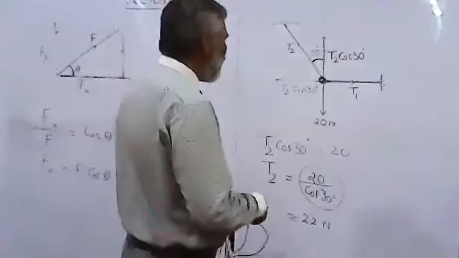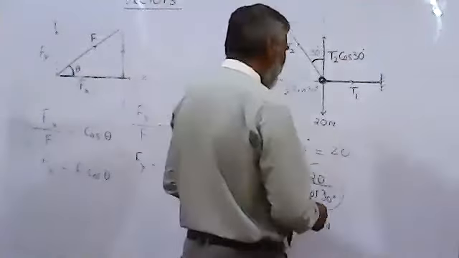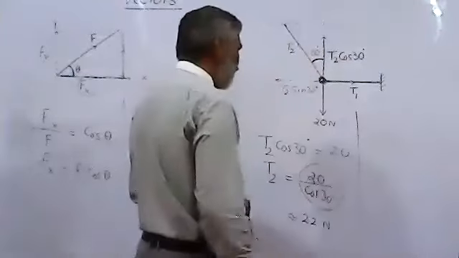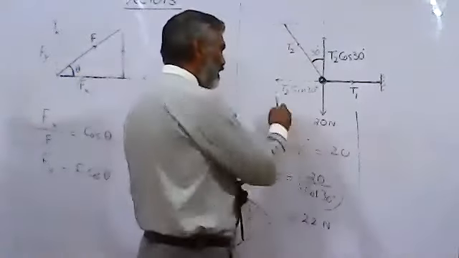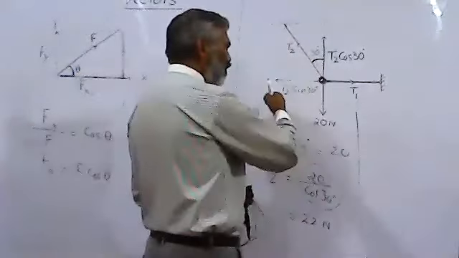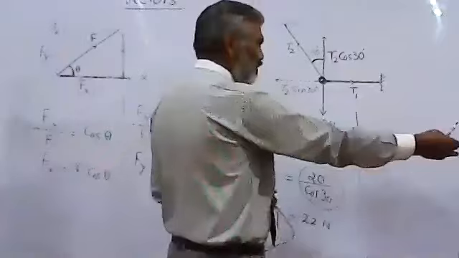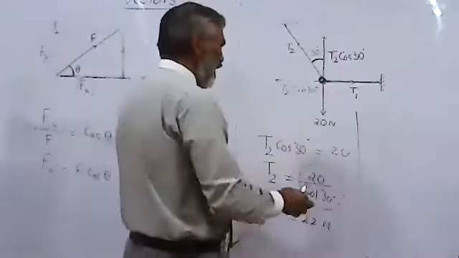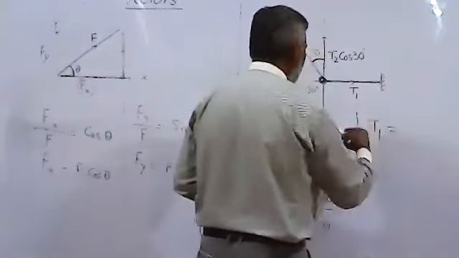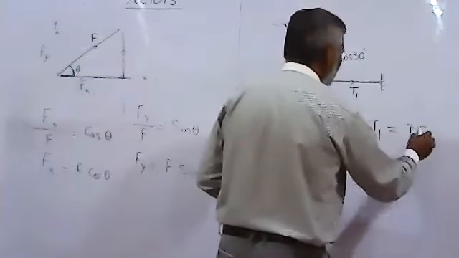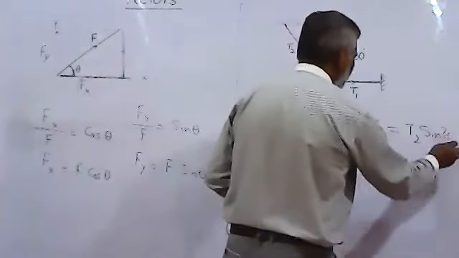here, there is another equation that I can use to find the value of T1, and that I can obtain by comparing the two forces on the horizontal. One is to the right and the other to the left, and that is T1, this is equal to T2 sine of 30 degrees.